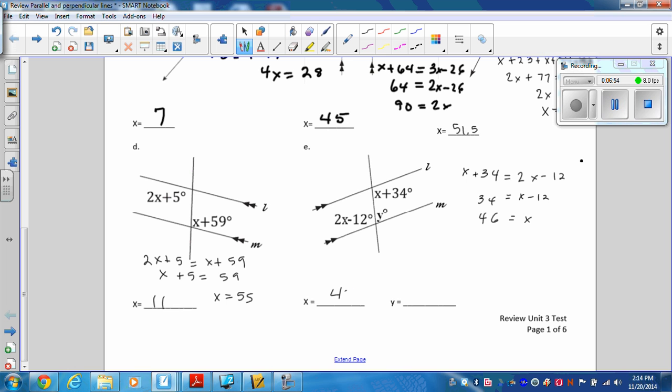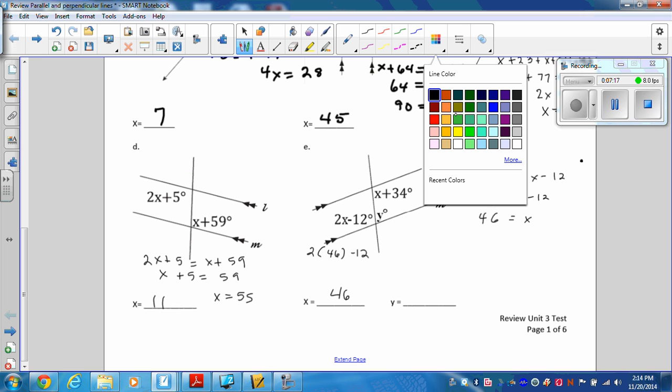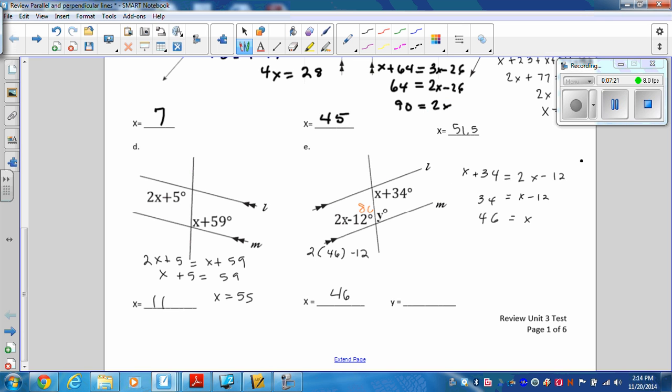So if x is 46, 2 times 46 is 92, and 92 minus 12 is 80. So what I did was I plugged this in, 2 times 46 minus 12. So the measure of this angle is 80 degrees.